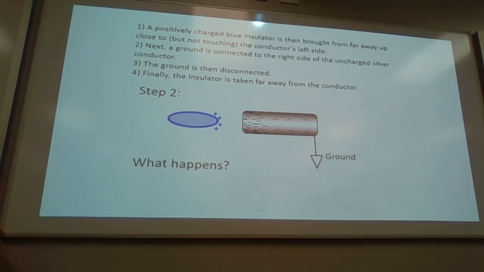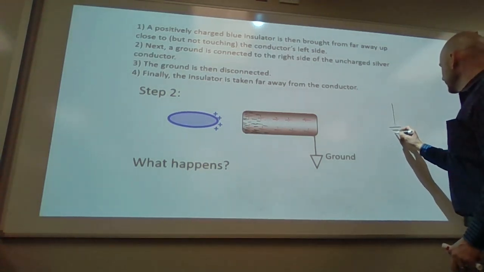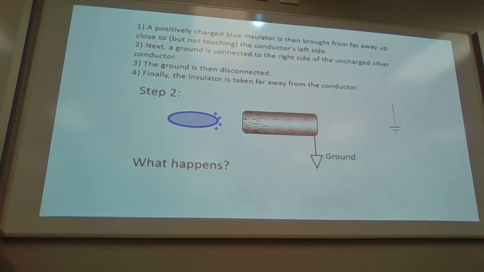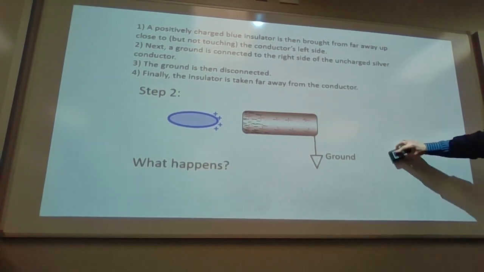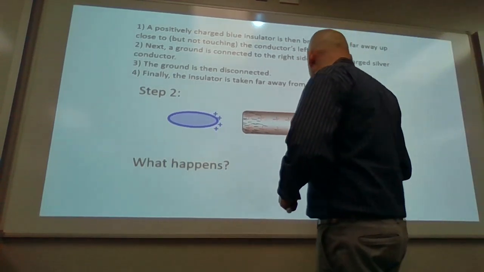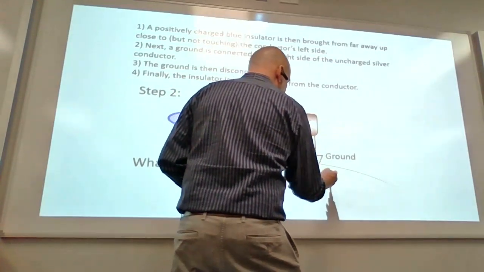Step two, we connect the opposite side to ground. Schematic diagrams, or electric circuit diagrams, will have this symbol. That means you're supposed to connect it to ground at that location. Don't worry about that; I'm just trying to make connections if you've been exposed to it. So we're grounding the opposite side. What does that mean?